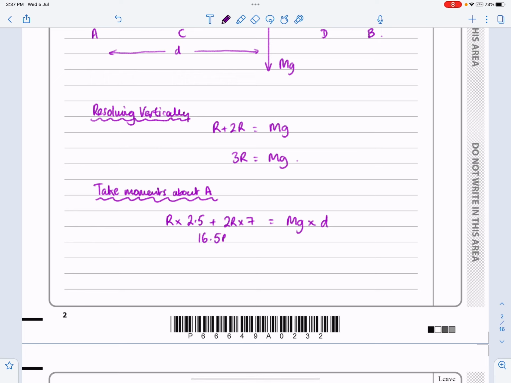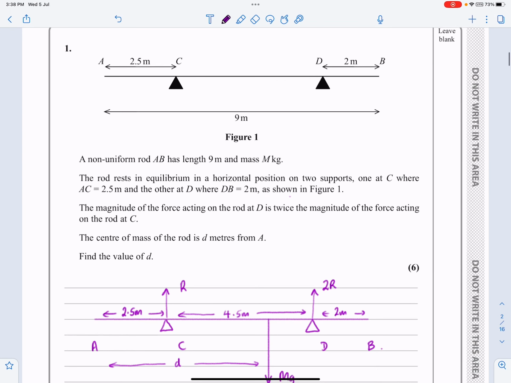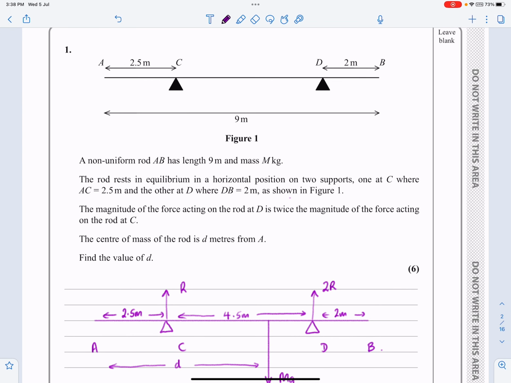So I've got 16.5R on this side, and here, instead of mg times D, I can now have 3R times D. So the R's can cancel, and D is simply going to be 16.5 divided by 3, which works out to be 5.5 meters. Okay, so a fairly straightforward question number 1. Hopefully that makes sense.